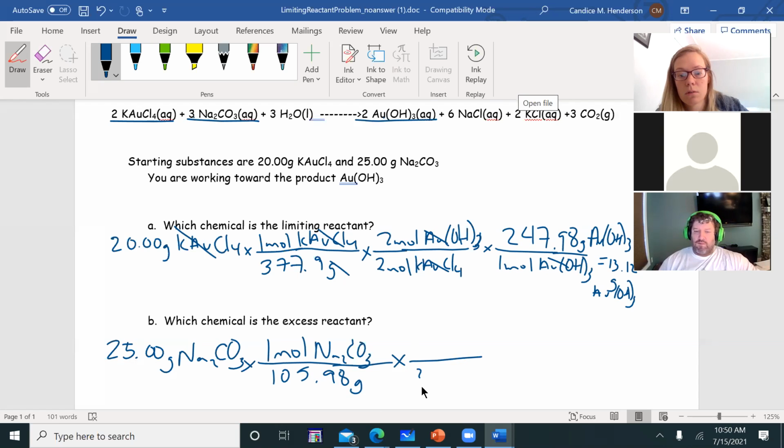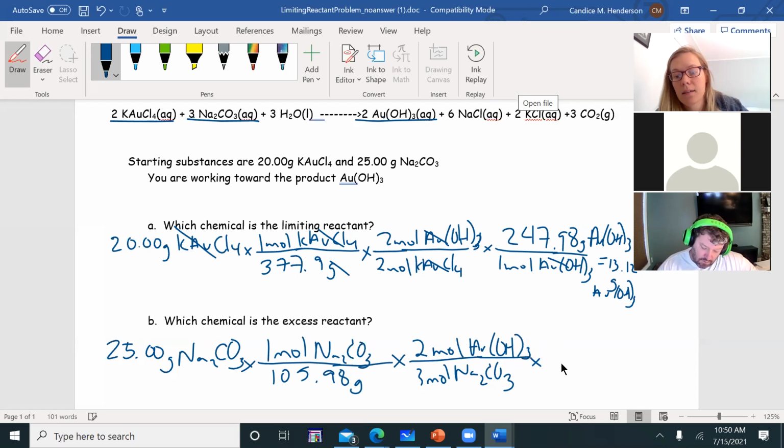So 3 moles of the Na2CO3 is going to yield 2 moles of the AuOH3. And then lastly, convert that back into grams. And fortunately, we've got the number from up here. So 247.98 grams of the AuOH3 for every 1 mole of that.